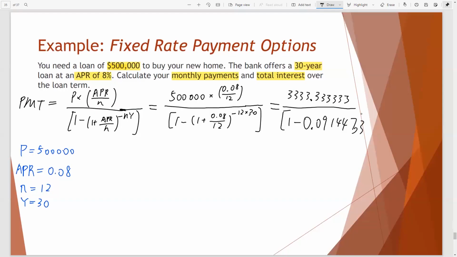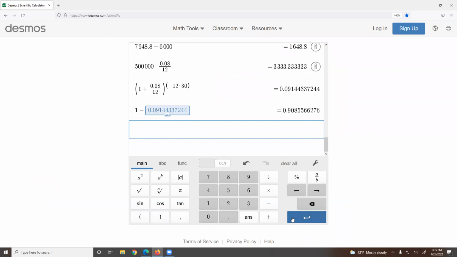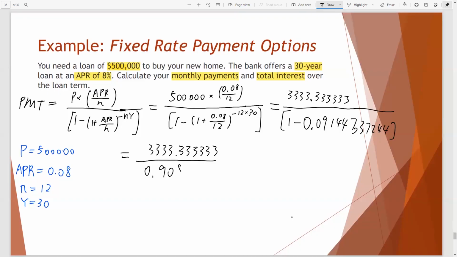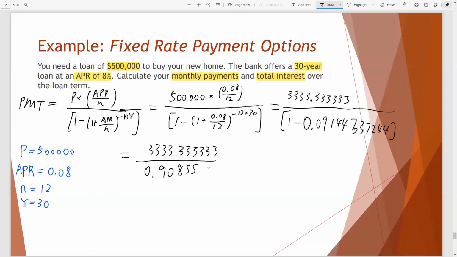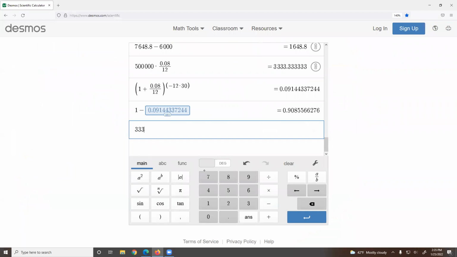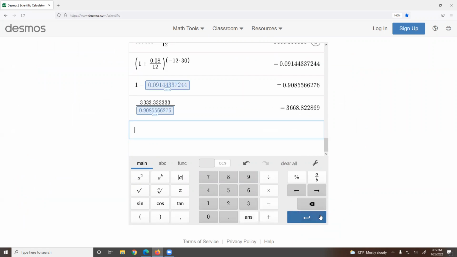So we have whatever it is on the top, divided by the bottom, 1 minus the answer, divided by this answer here.